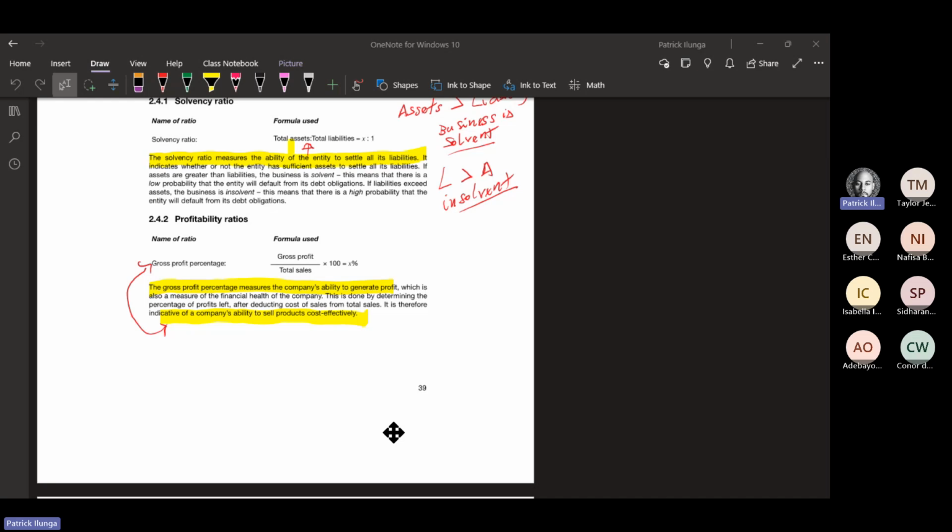As simple as that. Are we able to sell product? Why? Because what is gross profit? Always start there. Don't just say, okay, let me memorize gross profit divided by total sales. I would say that's the wrong way to study.